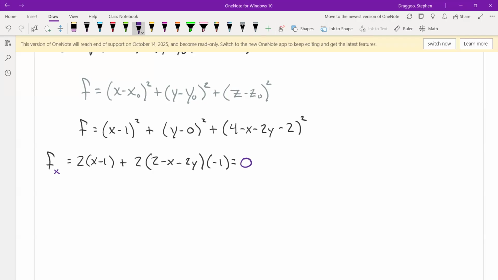And then simplify this mess a little bit. I'm going to divide everything by 2 because everything has a factor of 2 in it to get just x minus 1 minus 4 plus, nope, minus 2, because I said I was dividing all the 2's away, minus 2 plus x plus 2y, and that's equal to 0.